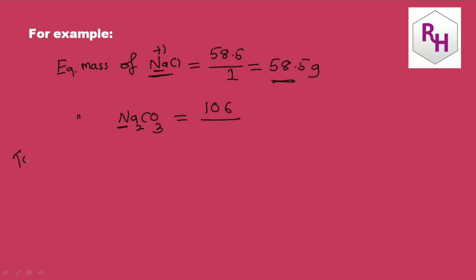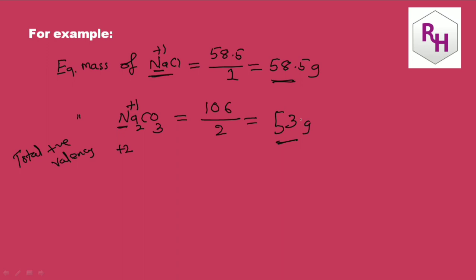Total positive valency, total positive charge, which you can call valency or charge. Each sodium is plus 1, but 2 sodiums are there, hence it is plus 2. So 106 divided by 2 is equal to 53. You will get the answer, 53 grams.